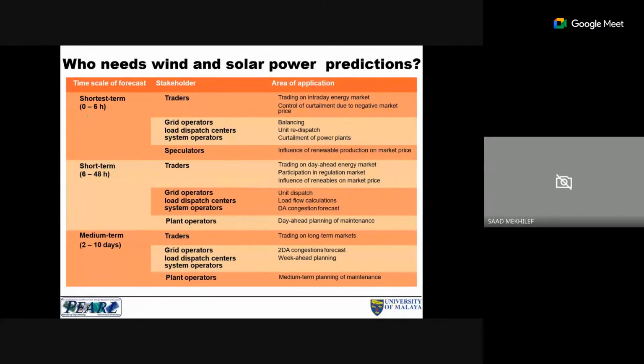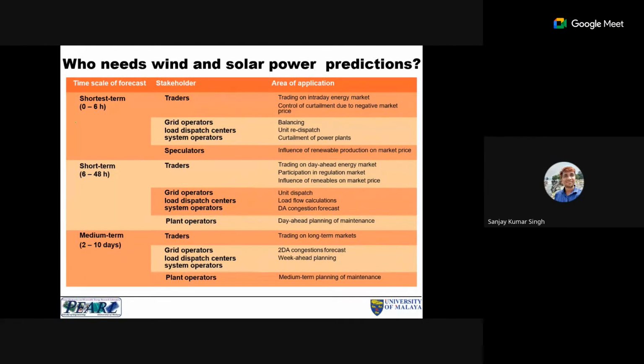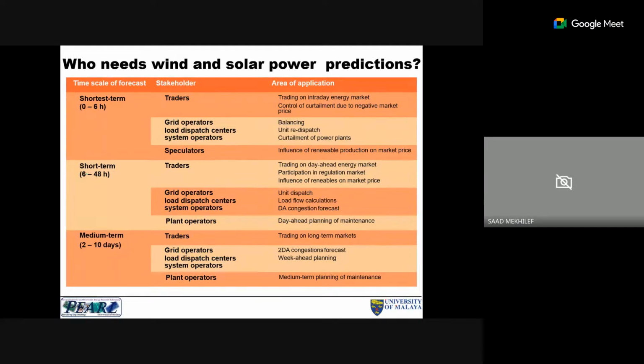Something between 6 to 48 hours, which is 2 days, we call short term. Between 2 days to 10 days is called medium term, and then we also have long term prediction.